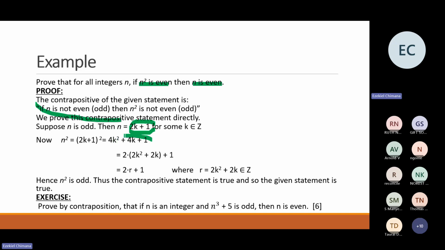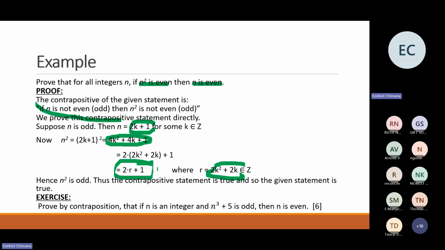After that, we just want to show the result will be odd. You factor out 2, and you end up having 2 times (2k squared plus 2k) plus 1. And then you have 2r plus 1, where r is equal to 2k squared plus 2k.